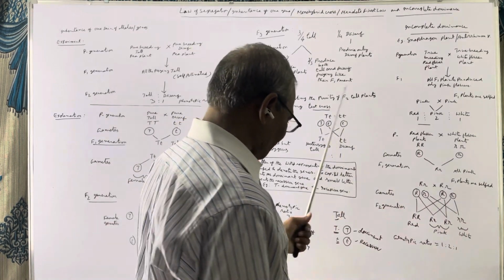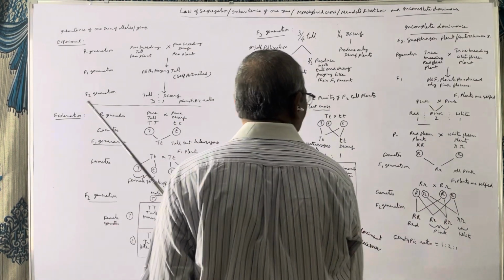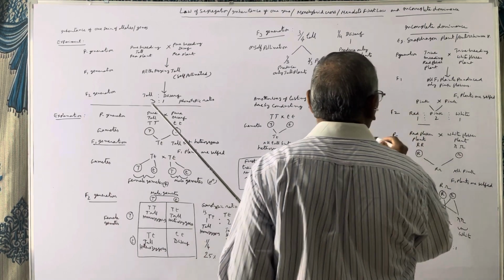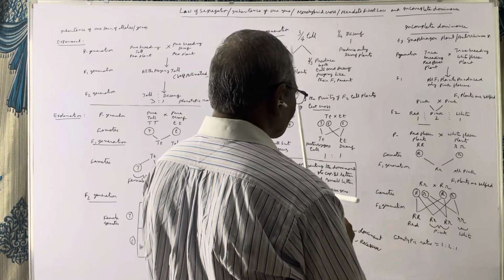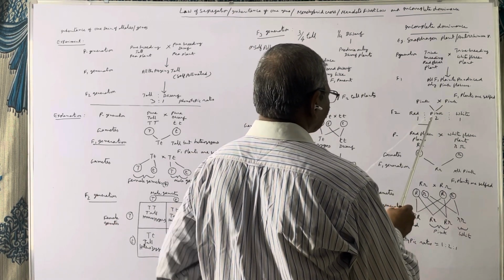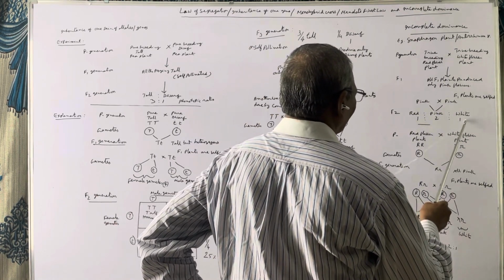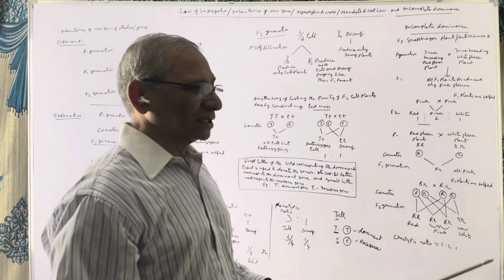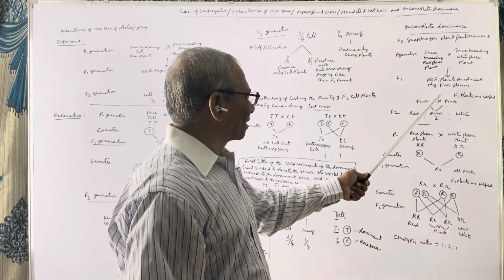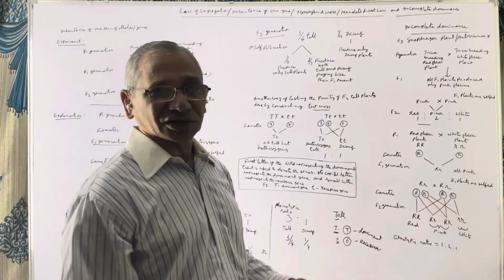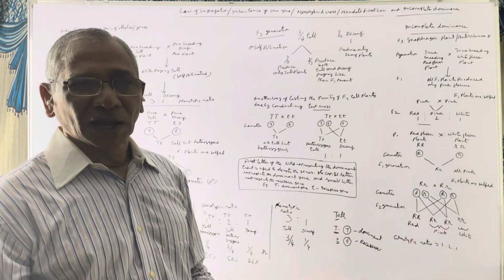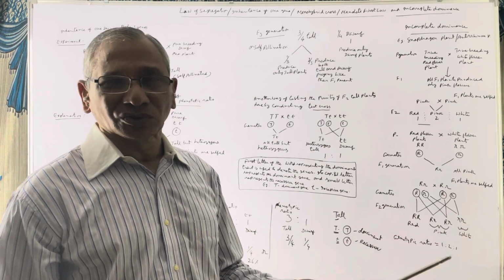In F2 generation, they obtained not only pink flowers, but also red flowers and white flowers. It means the red color and white color which disappeared in F1 generation reappeared in F2 generation along with the pink flowers. And they also appeared in a definite ratio.